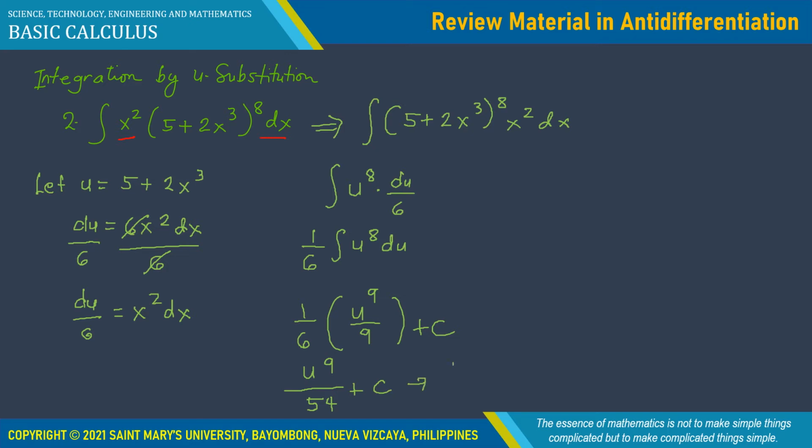Or pwede rin siya maging 1 over 54 u to the 9 plus c. Then, balik na natin siya in terms of x. So we have our answer 1 over 54 times our u is equal to 5 plus 2x cubed raised to 9 plus c. So, yan ang ating integral.